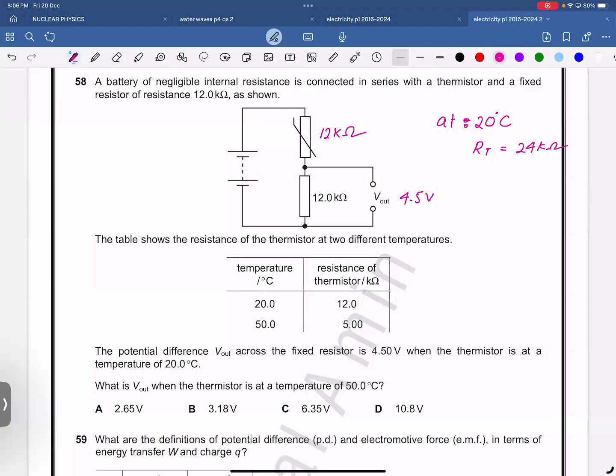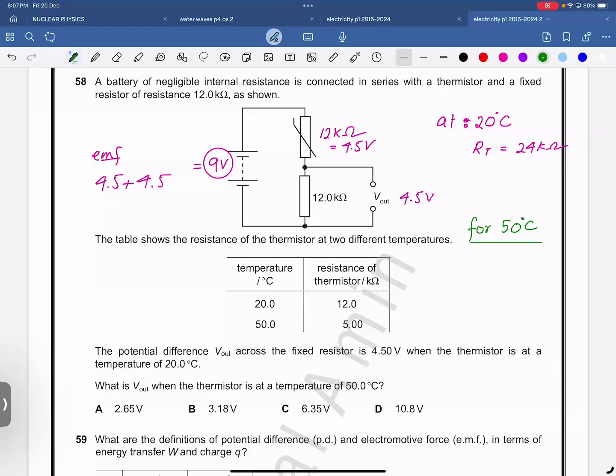So it means this voltage will also be how much? 4.5 volts. So if resistances are same, the voltage is also same. So this gives you EMF. So EMF is 4.5 plus 4.5. Really? Oh, wow. How you got 9? MashaAllah.